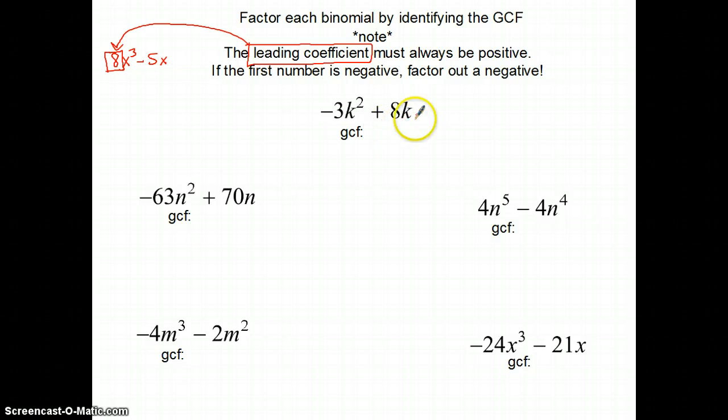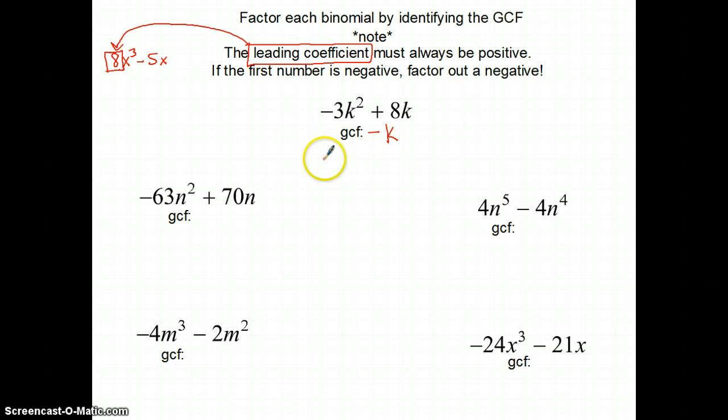So right away, looking at this binomial, I see that my leading coefficient is negative. So I'm going to make sure that my greatest common factor is negative so that I take that negative out. Then I look for whatever else these two have in common. I see that they both have k's. Since the first term has 2 and the second only has 1, I can only take out one of those k's.